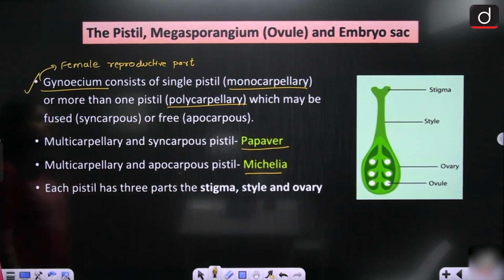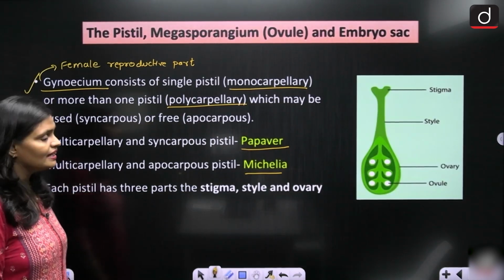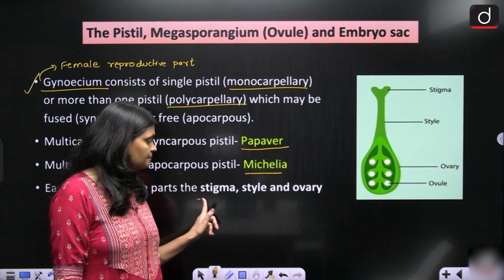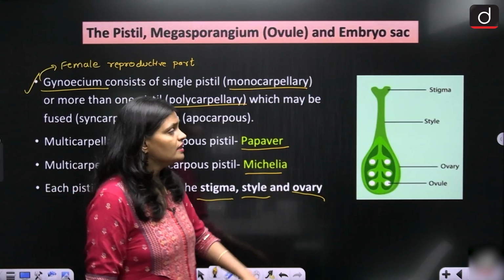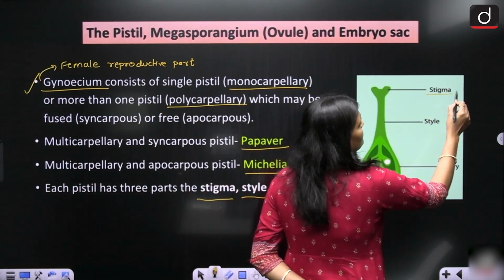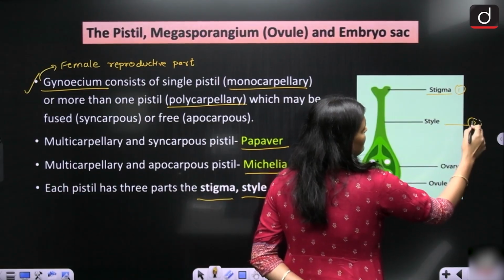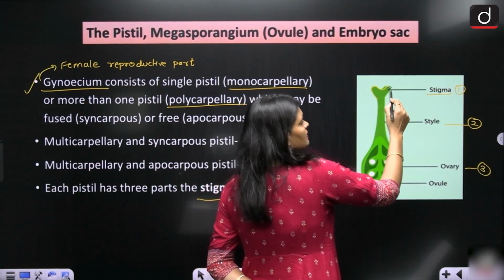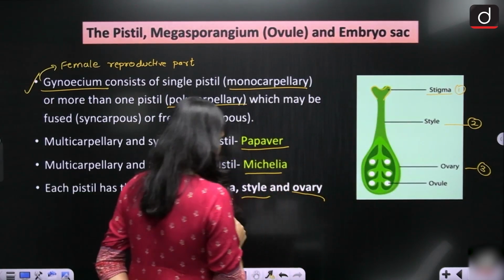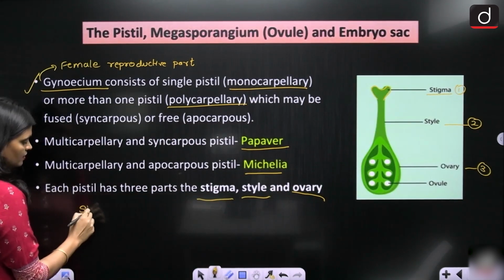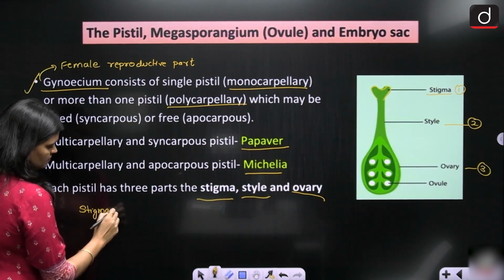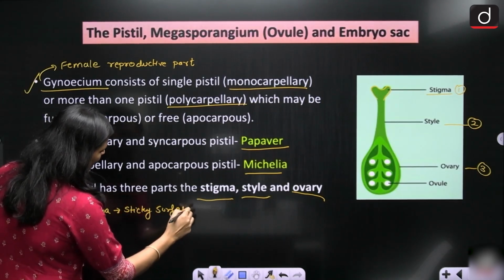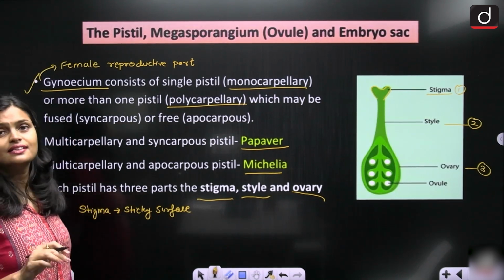Each pistil has three parts: the stigma, style and ovary. So each pistil has how many parts? Three parts: stigma, style and ovary. See here, this is the first part, stigma, second part style, and the third part ovary. Stigma, this upper portion is called stigma. The surface of stigma is sticky.